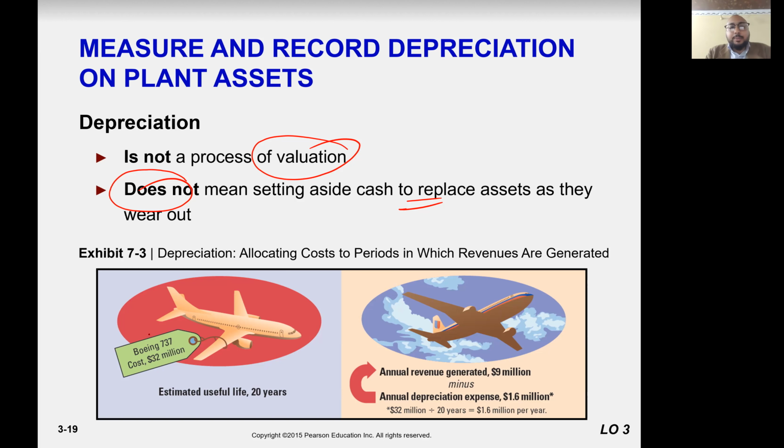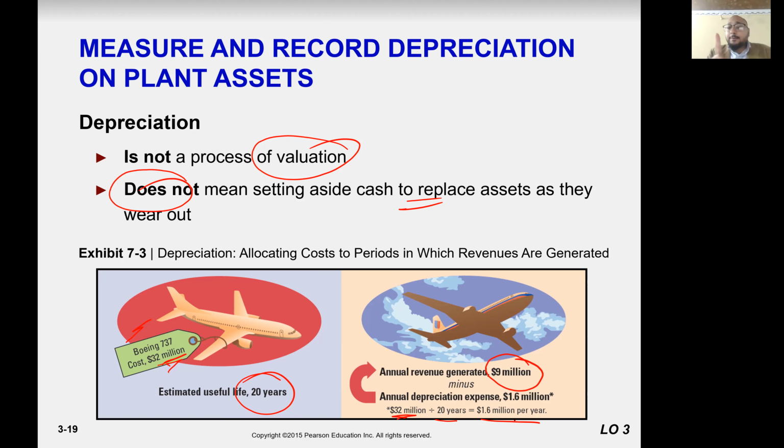So for example, you bought a Boeing 737 costing 32 million for 20 years. What is the annual revenue? It generates 9 million a year. So if you divide 32 million by 20 years, it's 1.6 million.